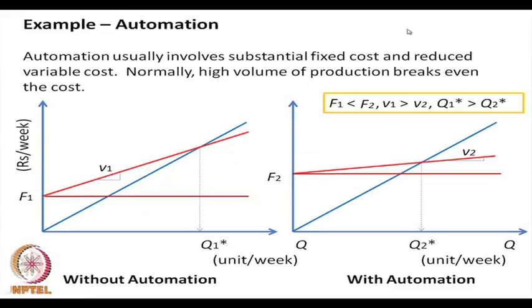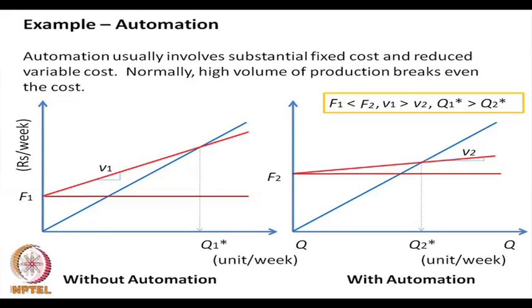Now, a good example of both fixed cost and variable cost changing is that of automation. Normally, we know that if a company goes for automation, then the fixed cost rises and the variable cost reduces a little, because normally it requires less manpower to operate, but the power cost can be quite high.